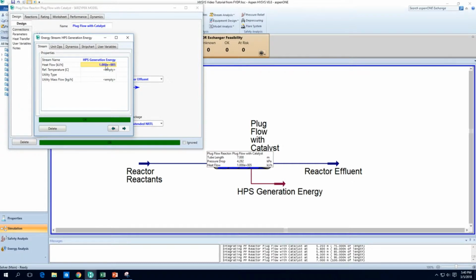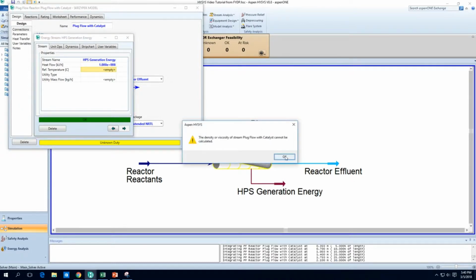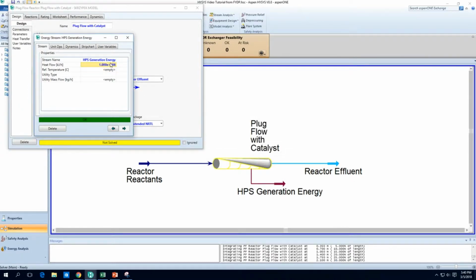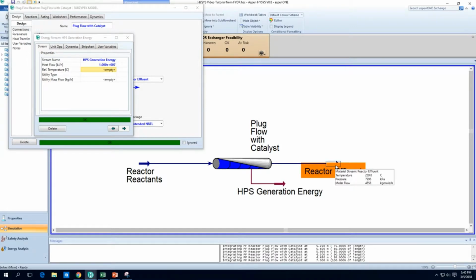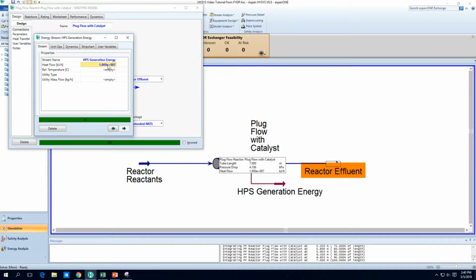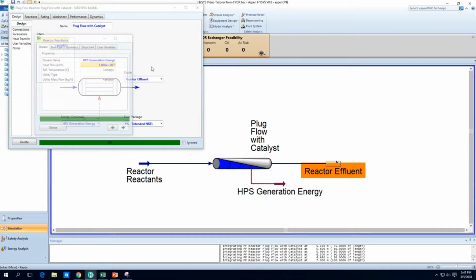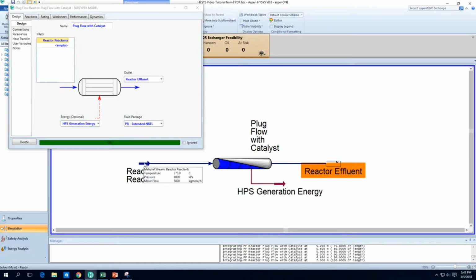So about 1E8. Okay, that's maybe too much. I think I cooled it down too much. Okay, so now that is something reasonable, about 1 times 10 to the 7th, so that the reactor doesn't cool down too much. In fact, it's slightly isothermal now.